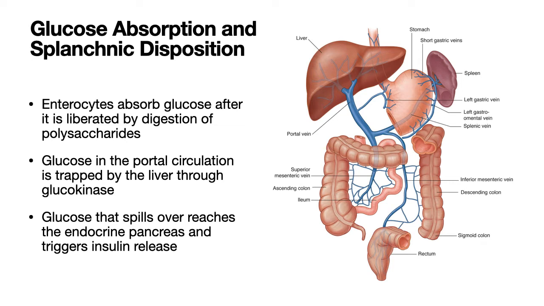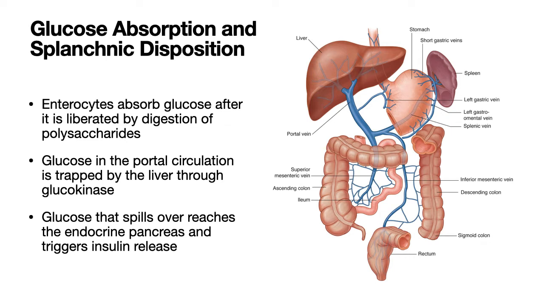So let's connect all of those processes. You have already absorbed the glucose from the small intestines. It went to the mesenteric veins, into the blood that is present in the portal vein, which will then enter the liver and bathe the liver cells or hepatocytes. So, in that process, you have transferred the glucose from the small intestine to the portal vein and then into the liver.